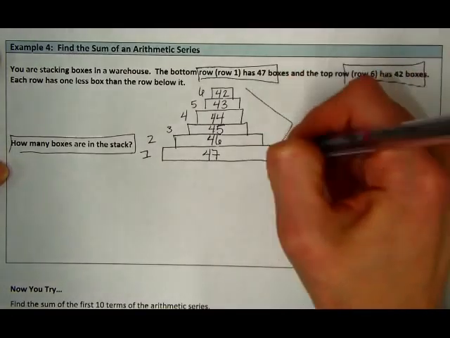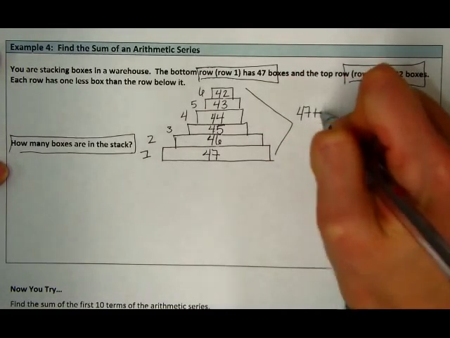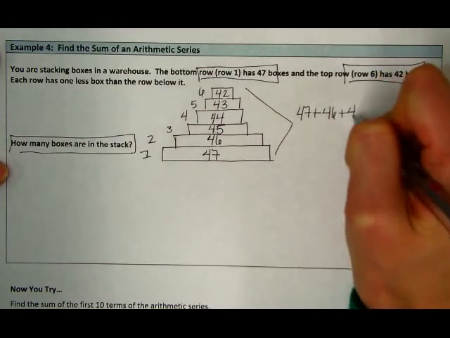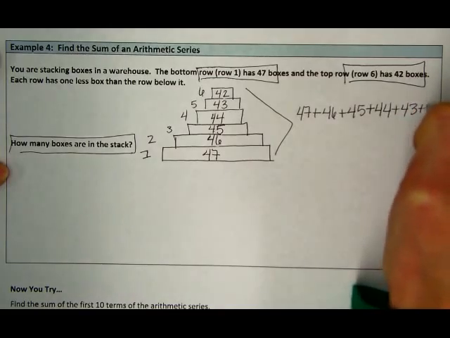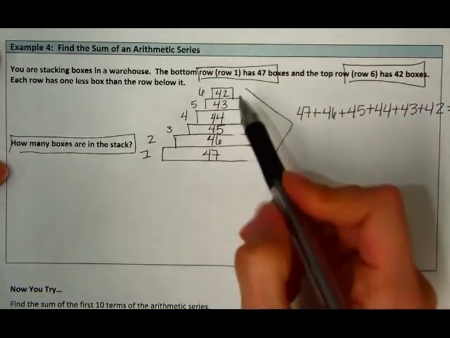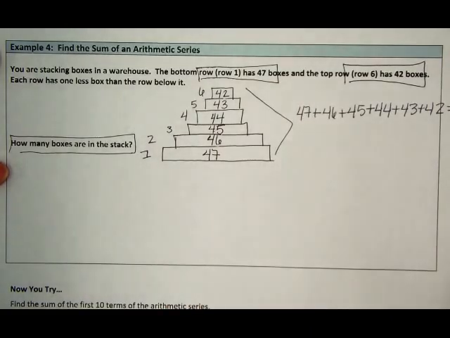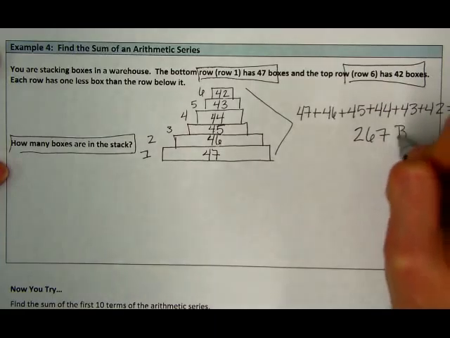Well, we can clearly just add these all up. So 47 plus 46 plus 45 plus 44 plus 43 plus 42. If I add all of them up, I'll get the number of boxes in this whole stack. And if I do that, I get 267 boxes.